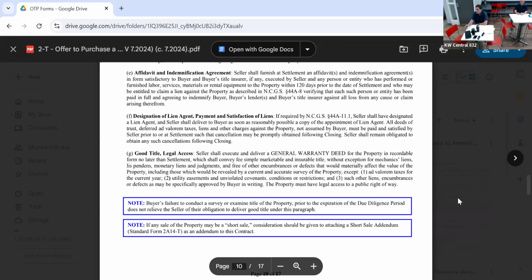The only difference between a special warranty deed and a general warranty deed is that a special warranty deed only tracks it back to the previous owner. A general warranty deed tracks it back to Jesus. So which is preferred? General, yeah, it's preferred. But in some cases, you're just not going to get it. If it's a bank owned property, you're never going to get a general warranty.